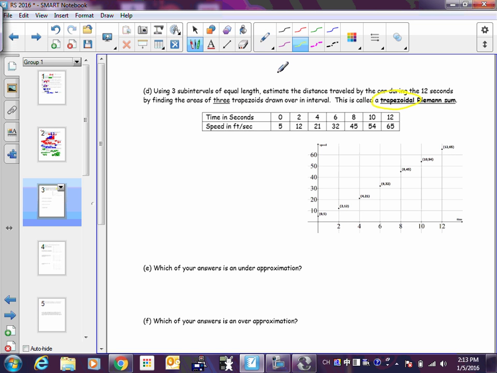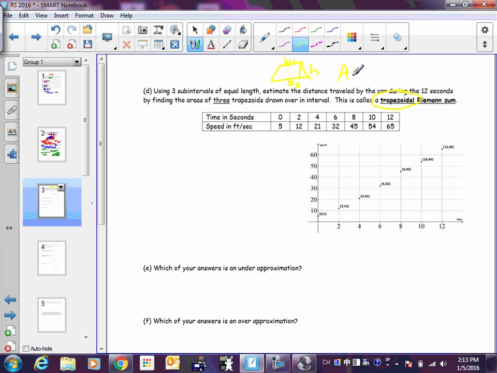Now, do you guys remember what a trapezoid is? Hopefully you do. Okay, this is probably how you feel like most trapezoids look like. They don't have to look exactly like that, but they have two parallel sides and the other two sides are not parallel. You have two bases, a base 1 and a base 2, and then you have a height.